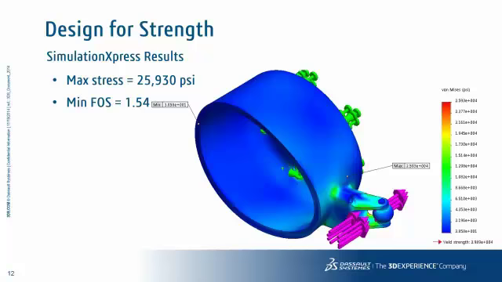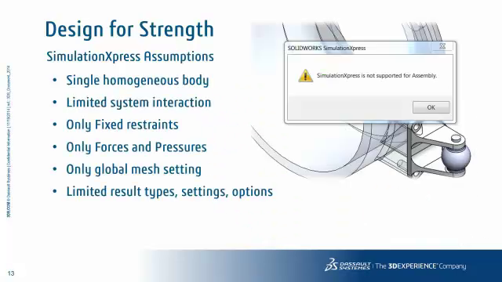Right, but not so soon. There's a lot of assumptions that we made when we used Simulation Express to run this analysis. So even though the pretty pictures tell me it's okay, there are some things we have to make sure we disclose if we're going to use this as design feedback or validation.